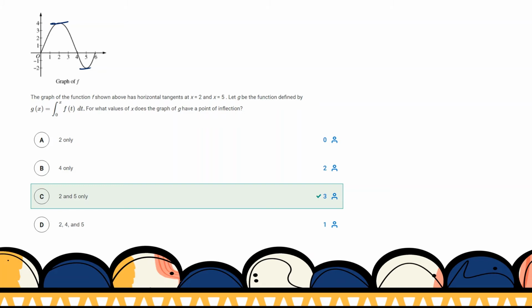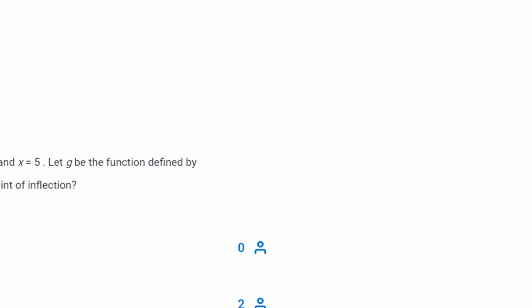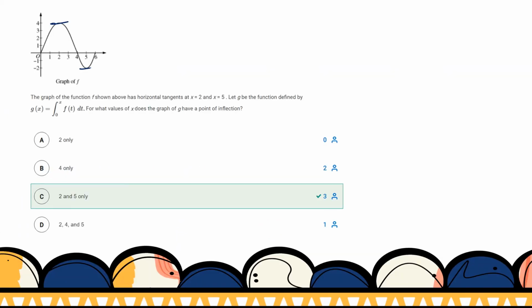So really it's asking you to understand the fundamental theorem part 1. So they told you that g of x is some function, right, from 0 to x of another function. We don't know what that is, but we do know that g prime of x is equal to the derivative of the integral from 0 to x of f of t dt.